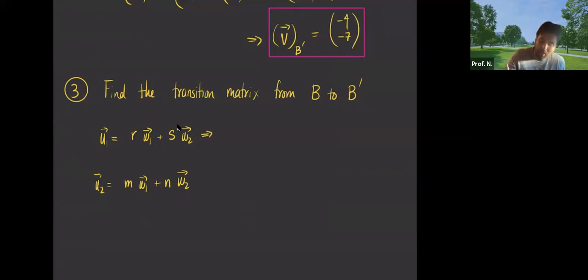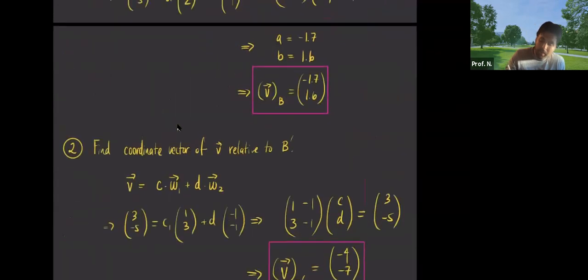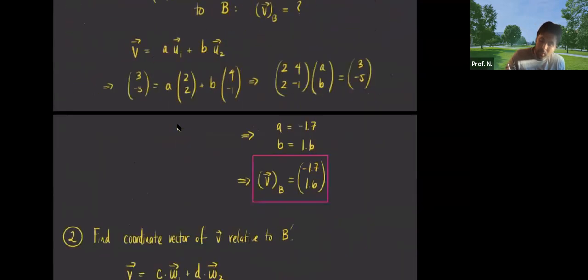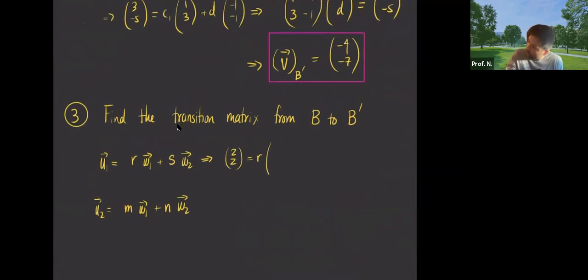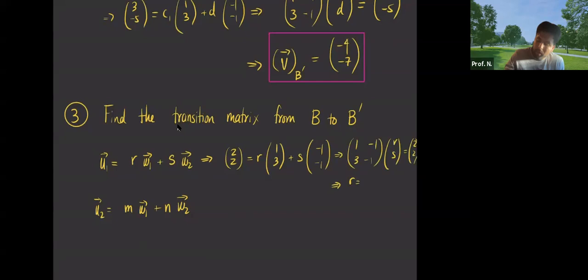So now I want to find what this stuff is. I want to find U1. What is U1? It's (2, 2), right? So (2, 2) equals R times W1, which is (1, 3), plus S times (-1, -1). So I write this as [[1, -1], [3, -1]] times [R, S] equals [2, 2]. So what's going to be R and what's going to be S?